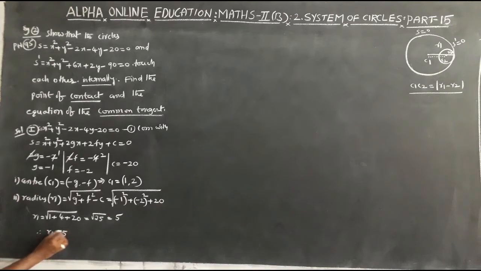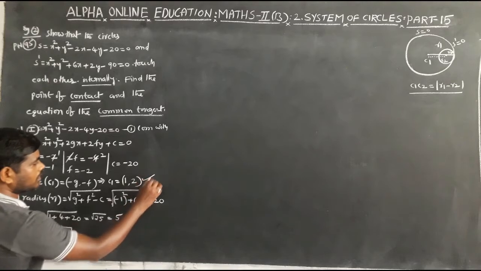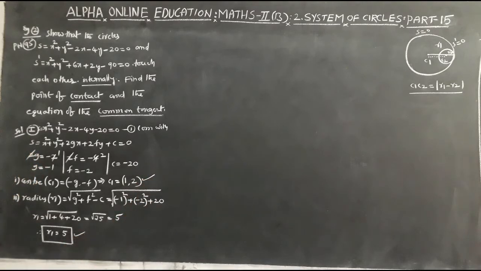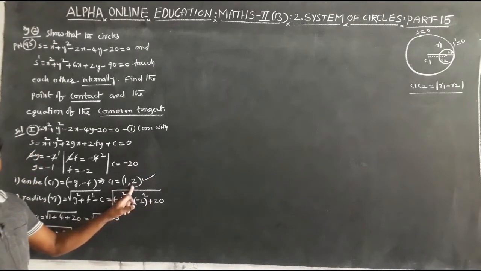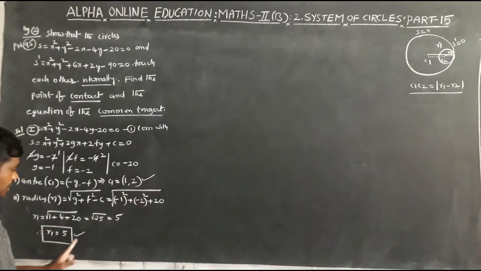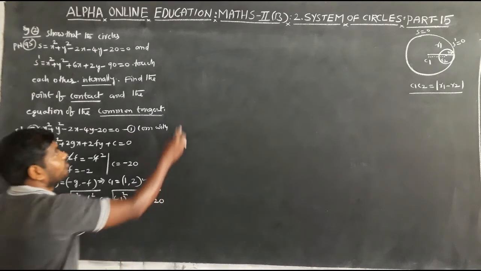Therefore R1 = 5. C1 = (1, 2), R1 = 5. Center of the first circle is (1, 2) and radius of the first circle is 5.